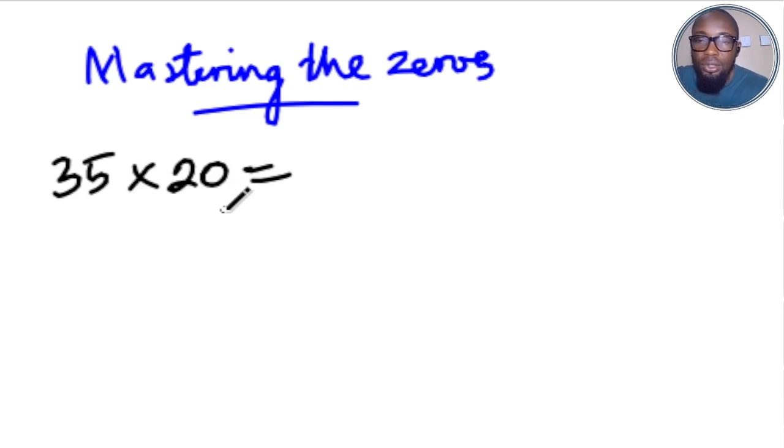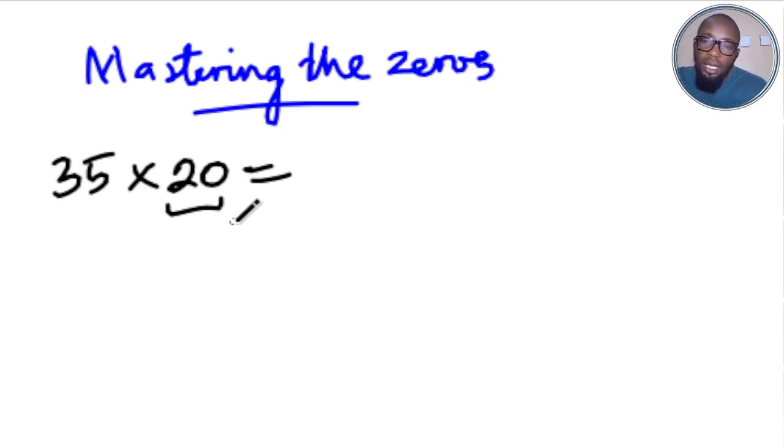You need to pay attention to multiplication when one of the numbers you're multiplying is actually a multiple of 10. If it's a multiple of 10, in this case, 20.